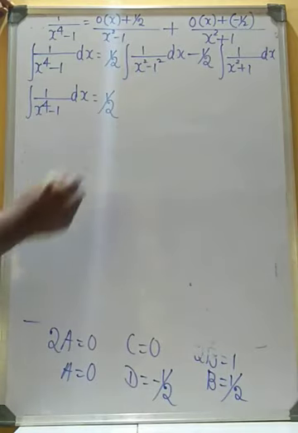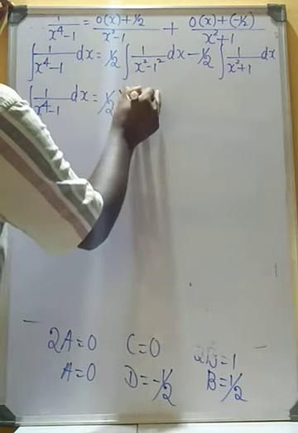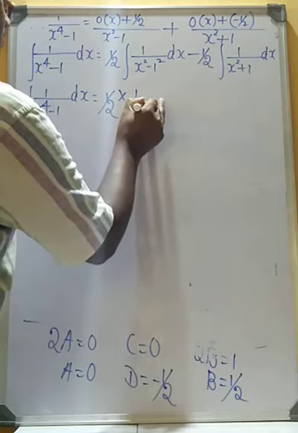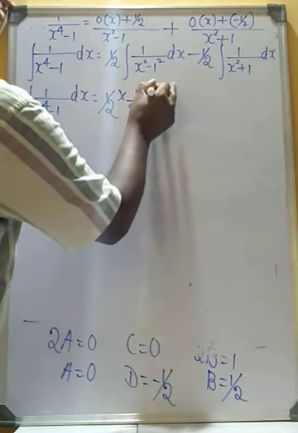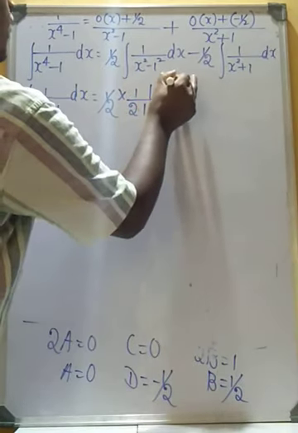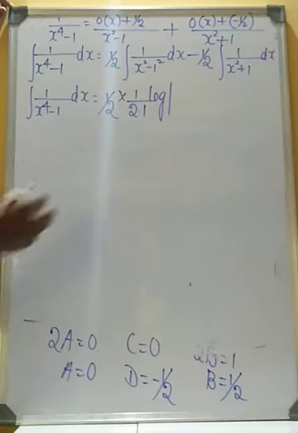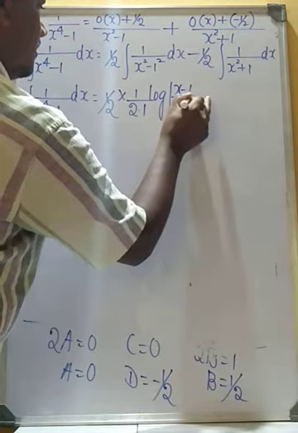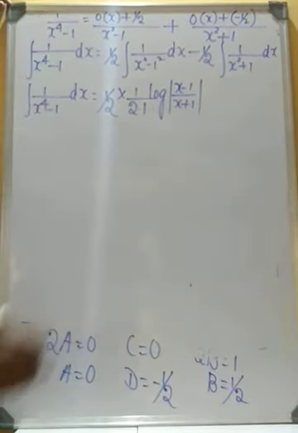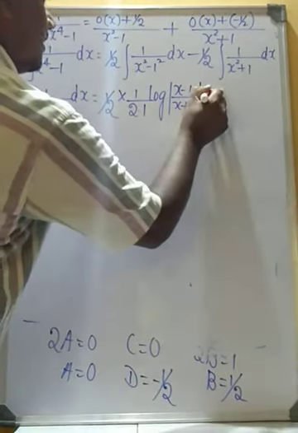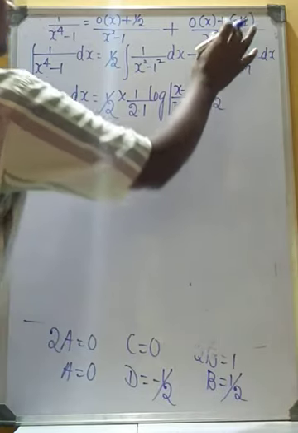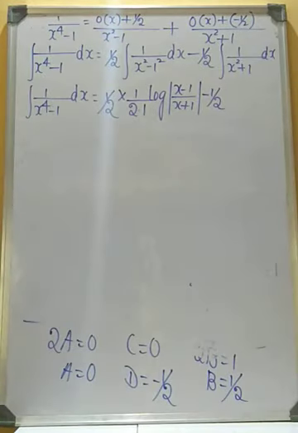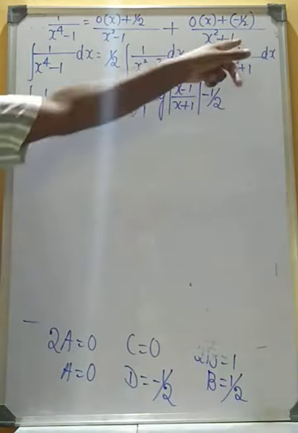The formula is 1 divided by 2a into log of mod x minus a divided by x plus a, that is x minus 1 divided by x plus 1, minus 1 divided by 2 times the second integral, which is of the form 1 by x square plus a square.